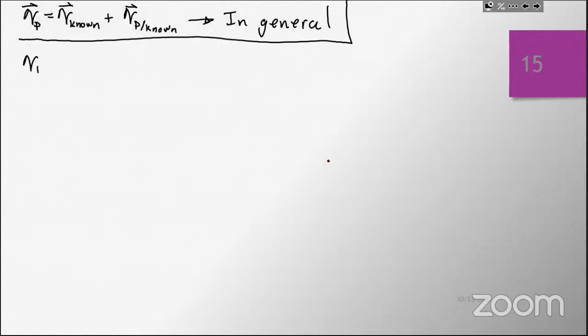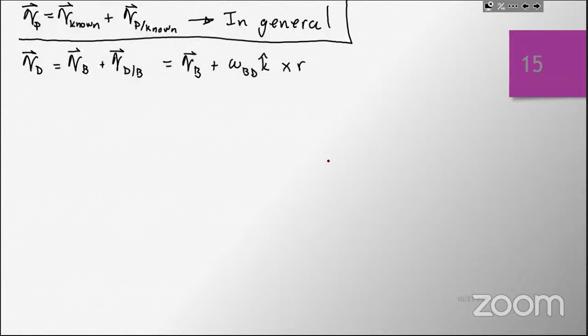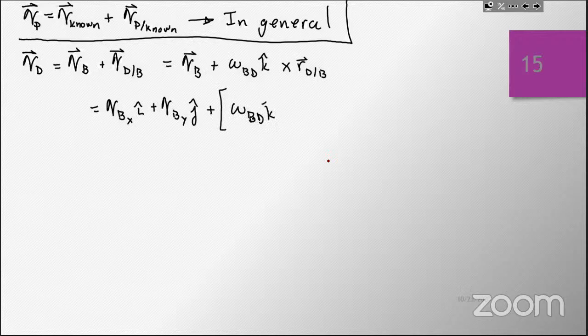For our specific problem, we want the velocity of point D. We know the velocity of point B. And we have V of D with respect to B. We can rewrite the equation again as V sub B plus omega BD about the z-axis cross R of D with respect to B. And finally, I'll break this down as VBX in the I direction plus VBY in the J direction plus the cross product of omega BD K cross R of D with respect to B. That's where we're at.